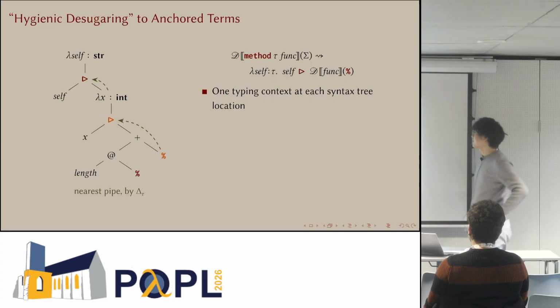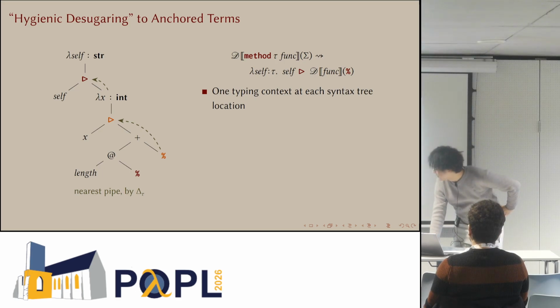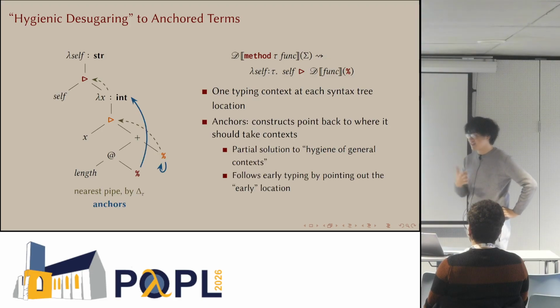So we can think that during typing, there is a typing context at each location of the syntax tree. This is what we would think of as normal typing. And to imitate how early typing works, we introduce anchors. Each construct may now point to a location in the tree where it wants to take its context.